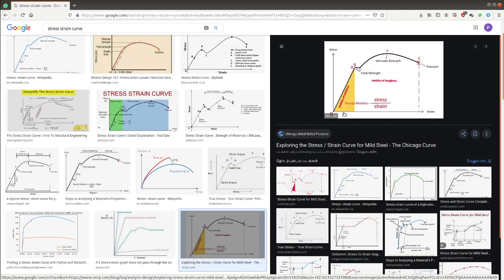The area of this rectangle is almost the area under the curve. It's slightly more, but just by measuring the ultimate strength and EF, we could immediately calculate the modulus of toughness with some approximation.